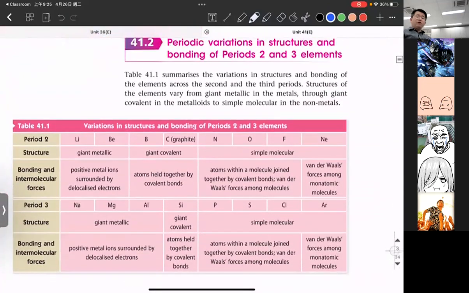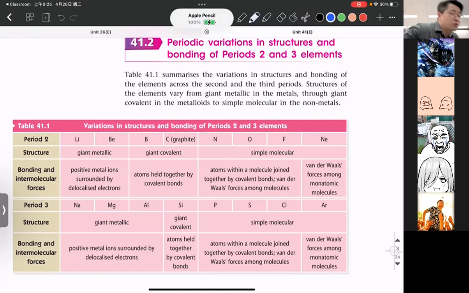Now, if you revisit something from Form 4 chemistry, bonding and structure, here comes the periodic pattern in terms of the bonding and structure. Take a look at that. Do you still remember that? Yeah. So it's time to revisit that.